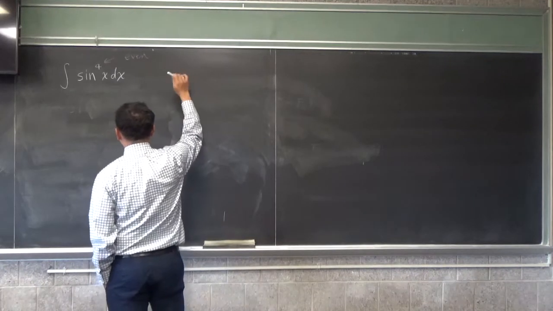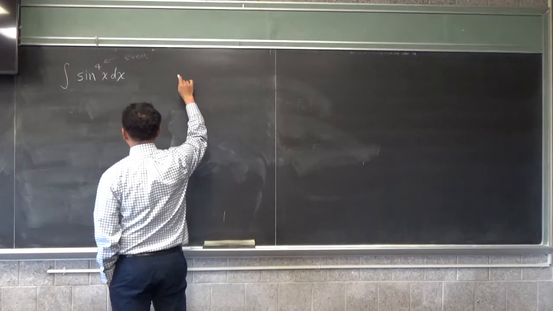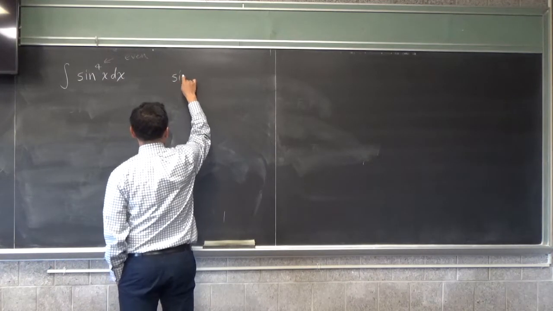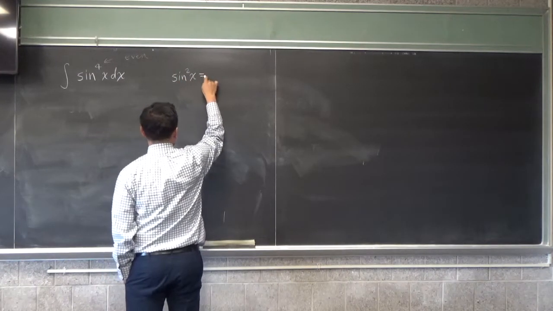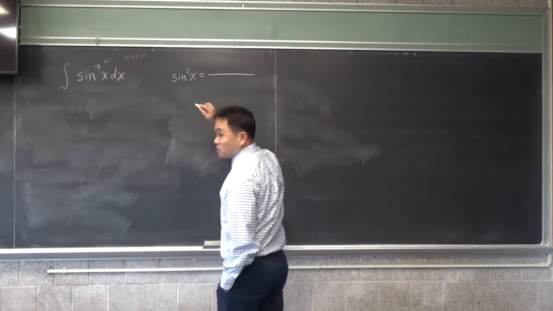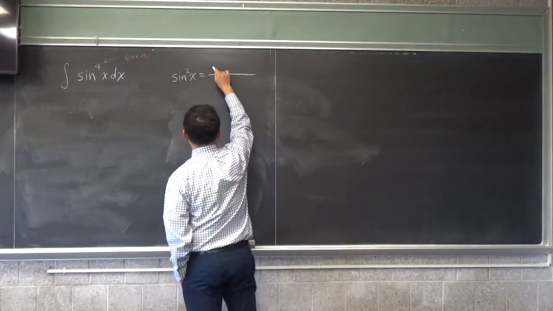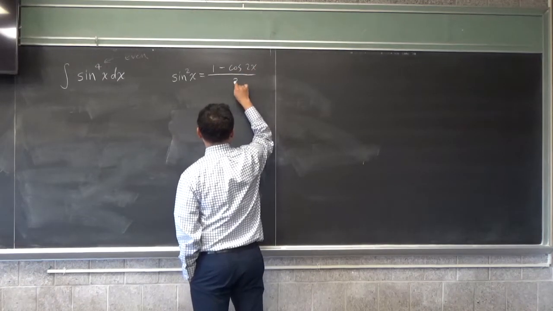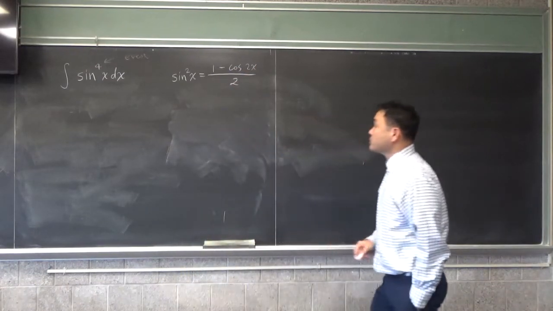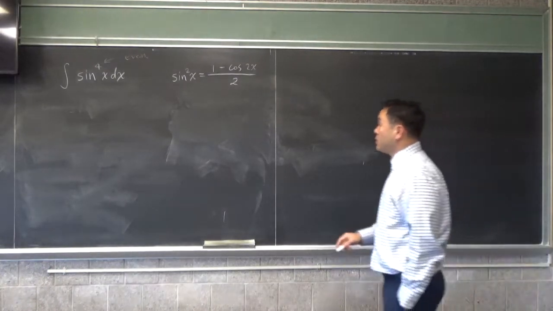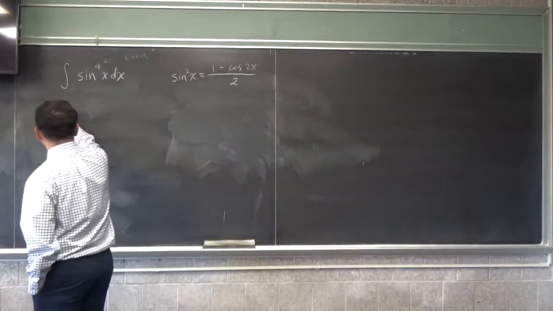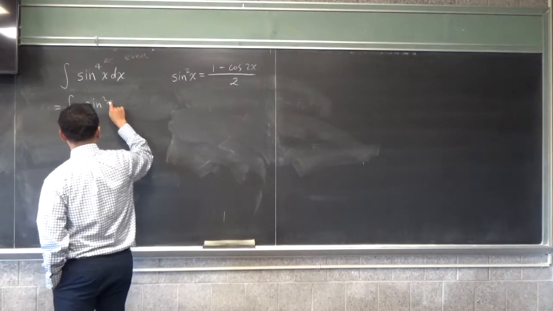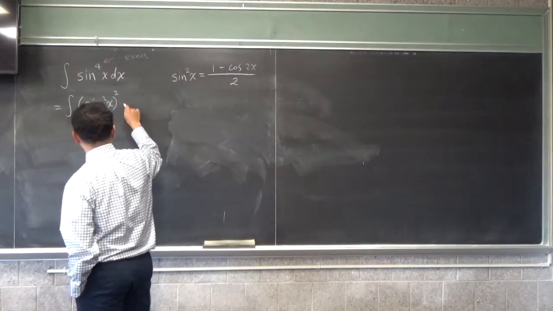Okay, so what we do is we first take sine squared of x equal to this identity that we talked about, right? It's 1 minus cosine of 2x over 2. And we use that to think of the fourth power as square of the square.